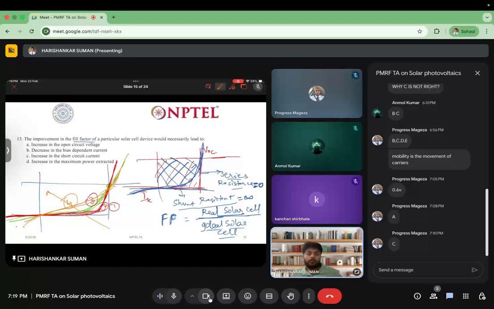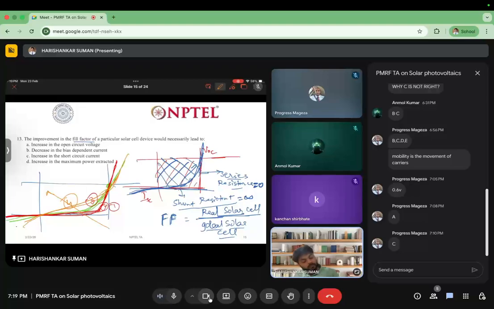Curve 4 has less area inside the IV axis, 3 is more, 2 is furthermore, 1 is highest. So 1 has the highest fill factor, then second, then third, then fourth.